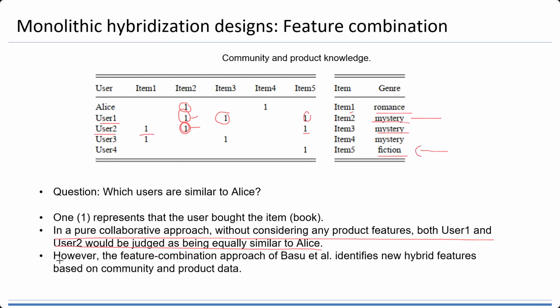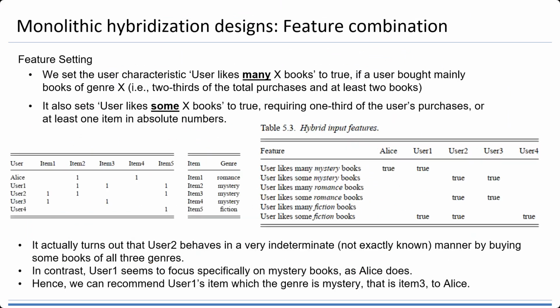So there are three different genres. And we can check the feature combination approach. When we try to do the feature combination, it means we need to identify new features based on the community and the product knowledge. So this is the community data and this is the product knowledge data. This is how we can do the feature combination.